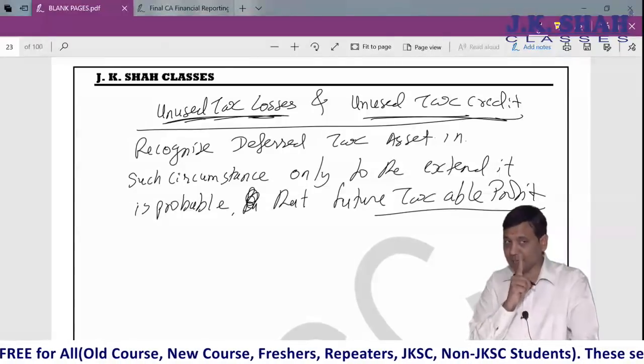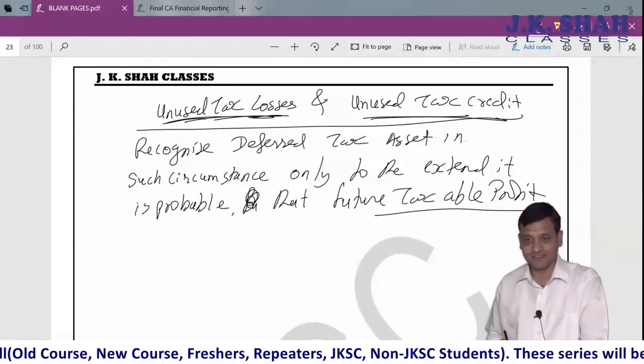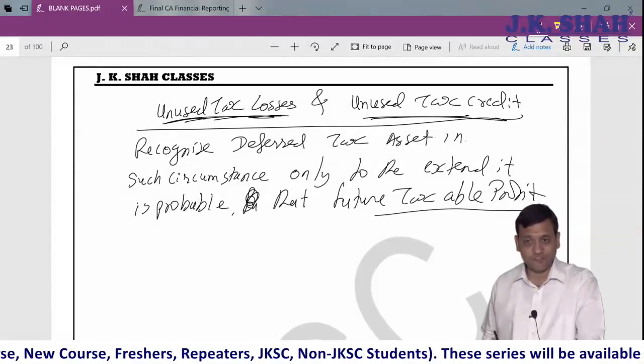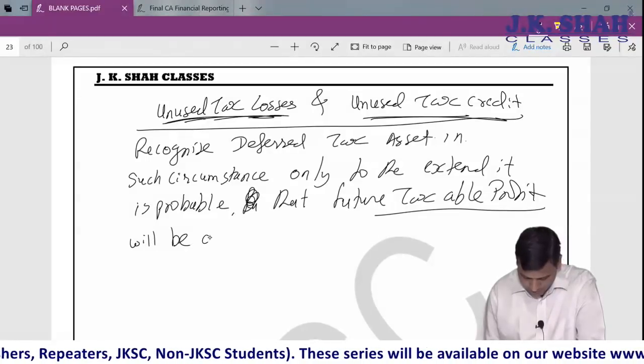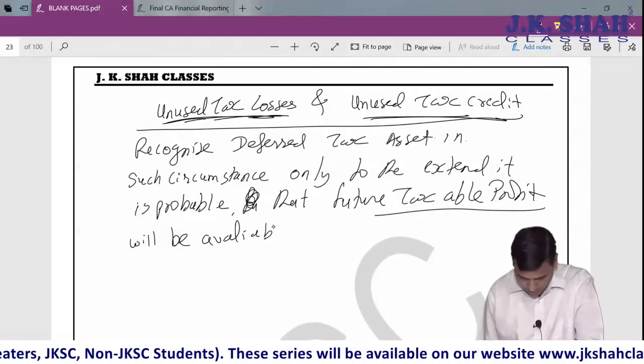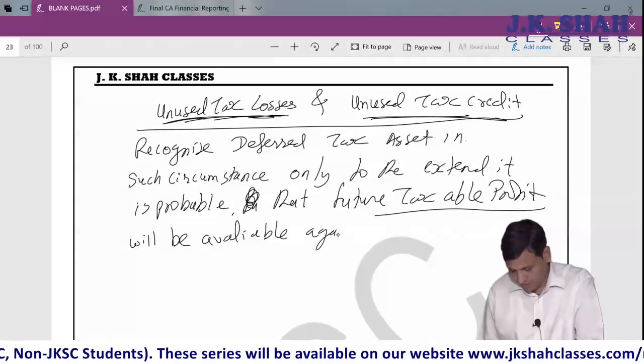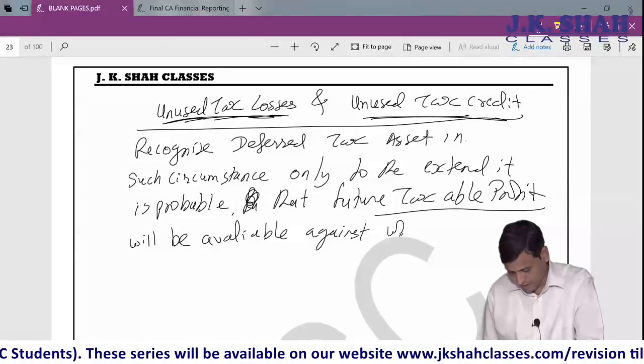See, taxable profit, if you remember the definition: accounting profit, taxable profit.